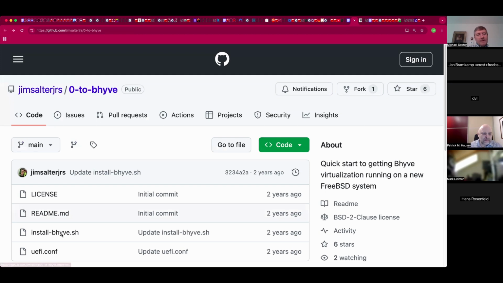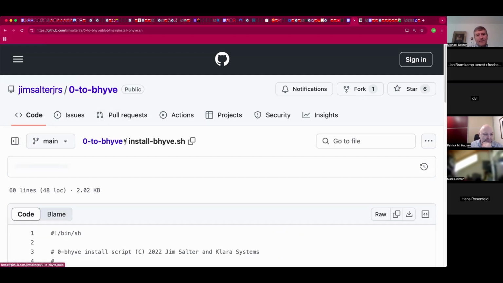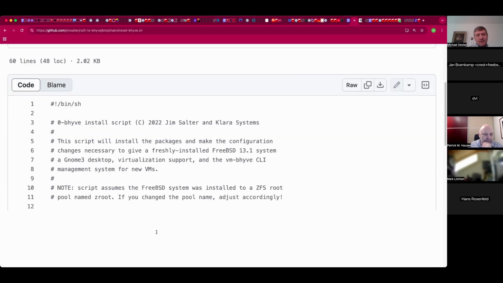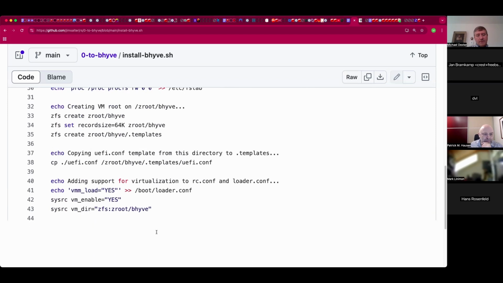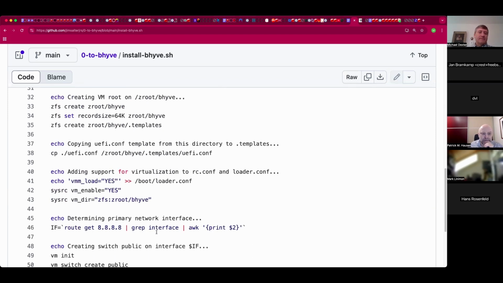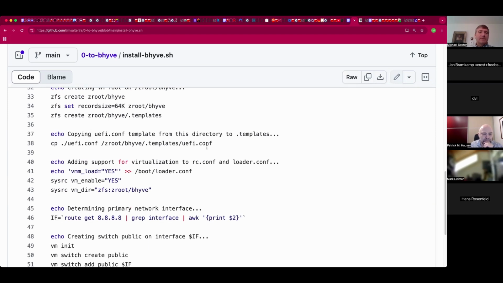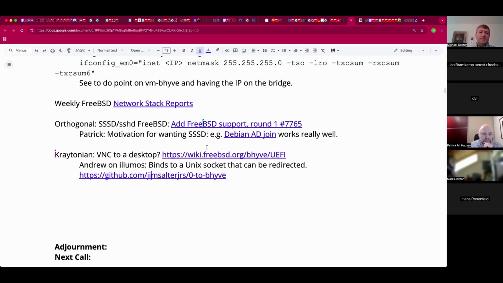That's one of many ways to do it. So at least it's not hiding the underlying syntax from you. Thank you, Clara, for that. Package installed. So yeah, Craytonian, I hope that there's an approach, but vm-bhyve very much has a notion of Windows guests and goodies.